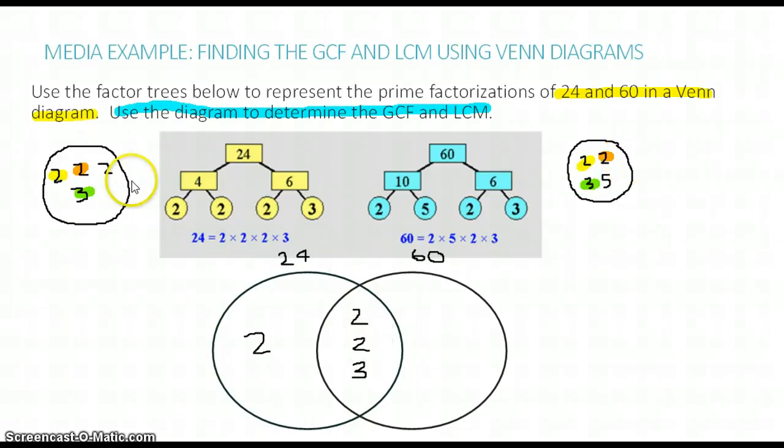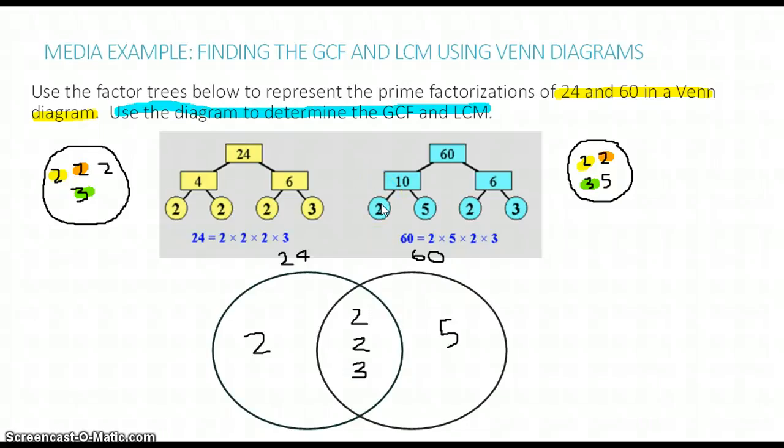They share 2, but 24 has 3. And over here, the only piece that's missing is a 5. So 60 is 2 times 2 times 3 times 5, which we have over here. 24 is 2 times 2 times 2 times 3. So this is how we create a Venn diagram representing these relationships.